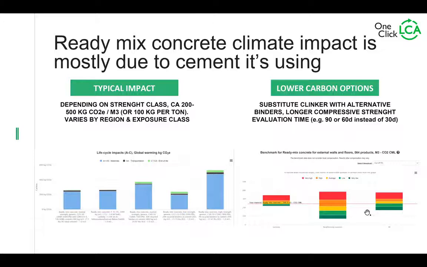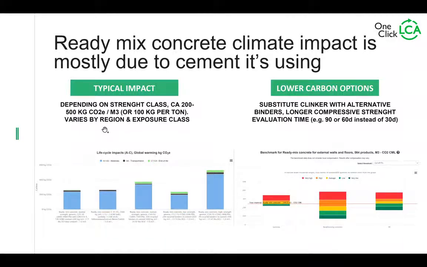And ready-mix concrete climate impact is really not just about the cement, but it's mostly due to cement. So we are dealing here with diluted cement, basically, in terms of climate impact. So depending on the strength class, you're dealing with like 200 to 500 kilos of CO2 per cubic meter, or for a rough figure on a per ton basis, like 100 kilos per ton.